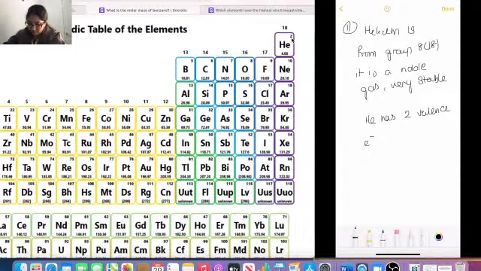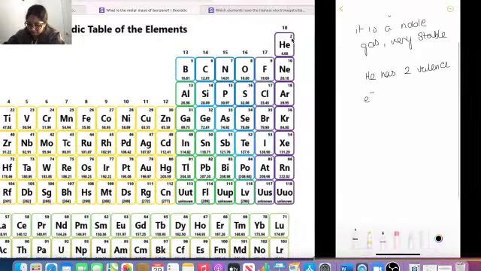So He is also known as helium, and it also has 2 valence electrons, which indicates it has 2 protons as well.